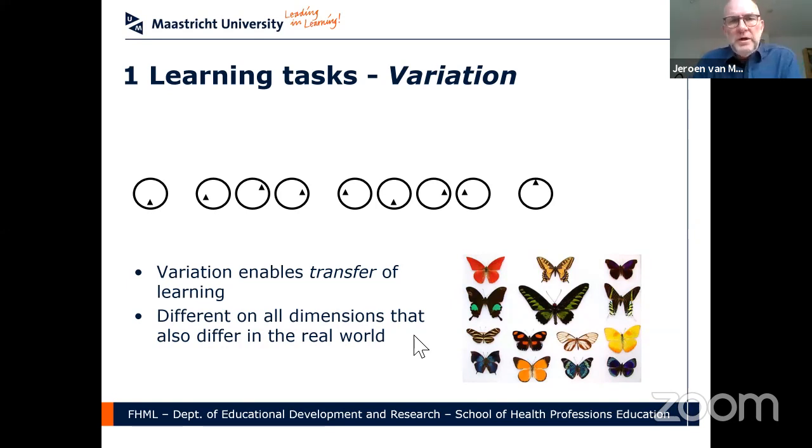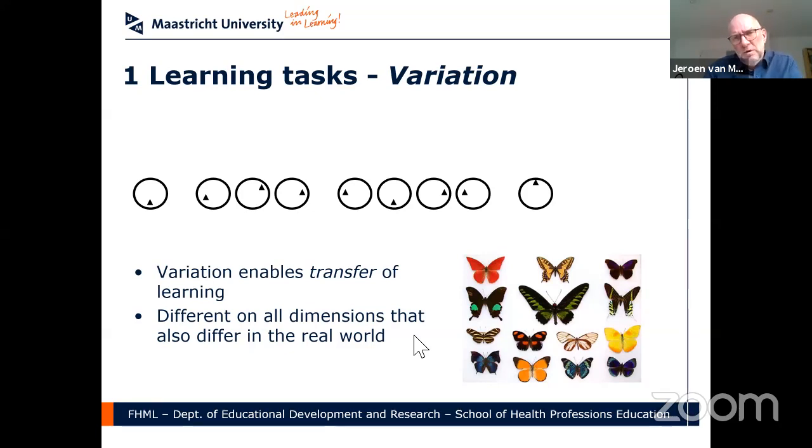And when we look at the schematic representation of the educational program, this is indicated by these small triangles in the learning tasks that are always on a different position. Variation of learning tasks means that the learning tasks in our course differ from each other on all dimensions on which professional, authentic tasks in the real world also differ from each other.